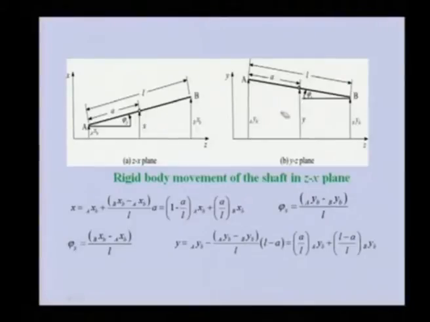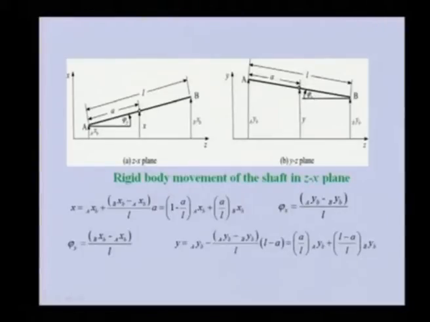On the same line in the other plane, that is the yz plane, we can give the bearing displacements y_A and y_B at the A end and the B end of the shaft. So, these two displacements we are giving at the ends of the shaft. We are calculating y, the translatory displacement at the disc location, and also the tilting.